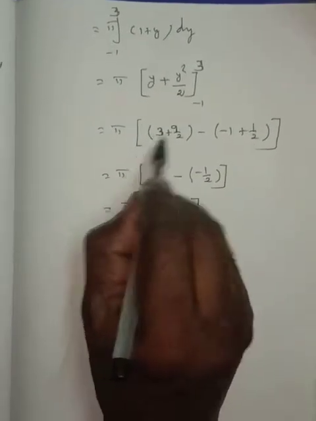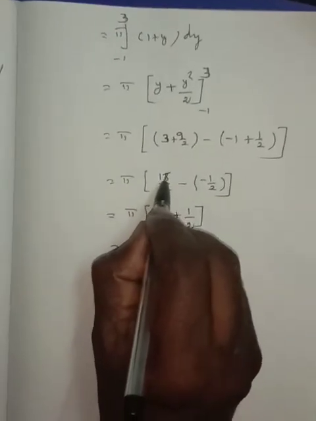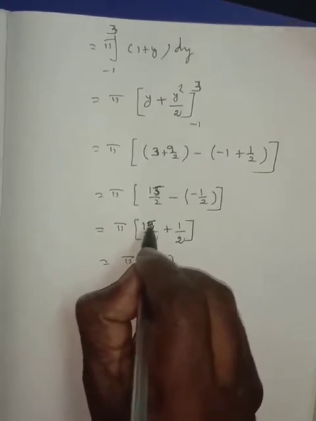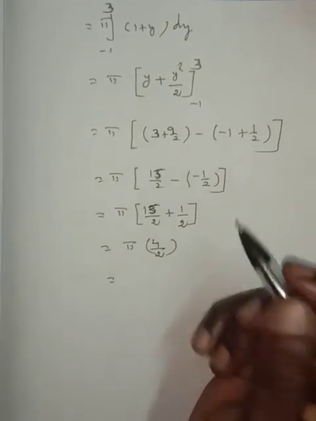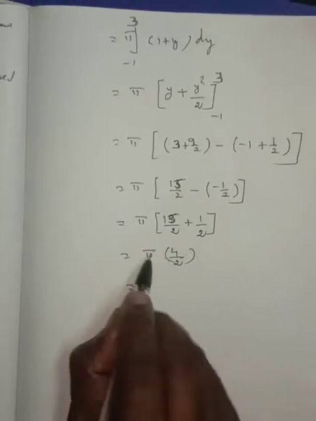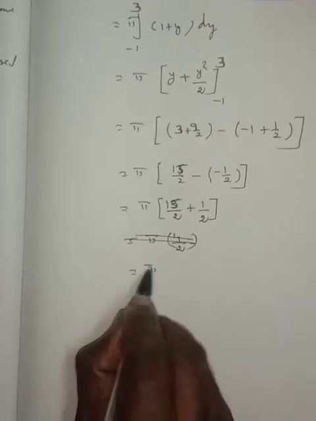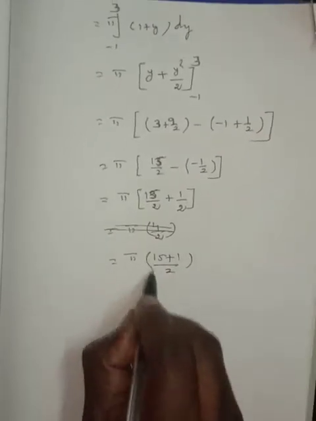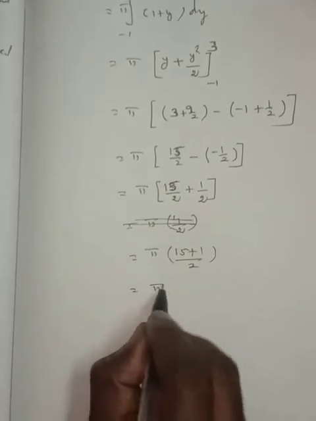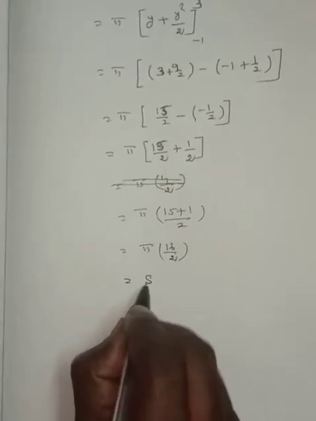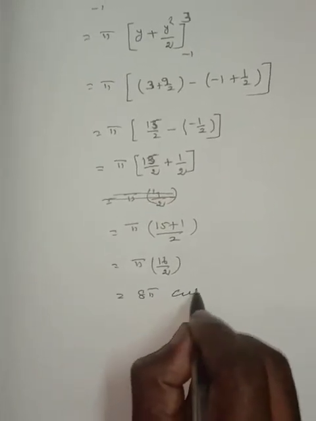Next, 15 by 2. 15 divided by 2. So 15 plus 1 is 16. Pi into 15 plus 1 by 2 is equal to pi 16 by 2, which is equal to 8 pi cubic units.